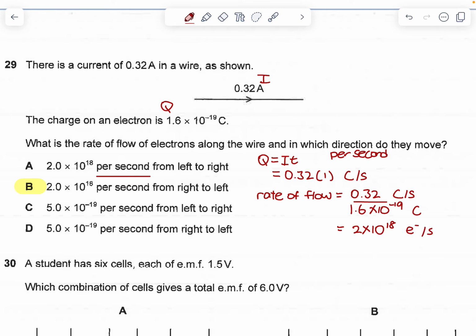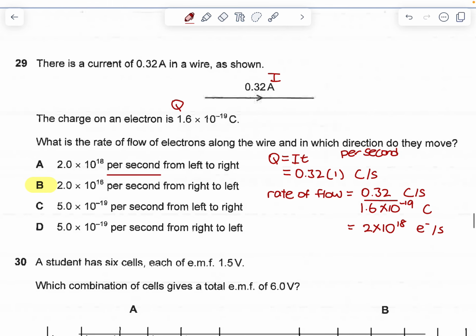Because you see the C on the top and the C on the bottom cancel each other. And as we know, if current moves from left to right, the electron flow is in the opposite direction of conventional current. So it's from right to left.